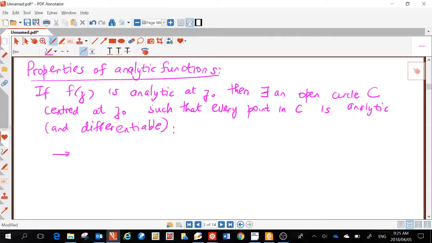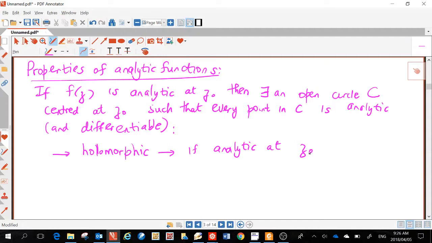So one conclusion we can gather from this is that the function is holomorphic if it is analytic at z naught. That's what I was saying earlier on.